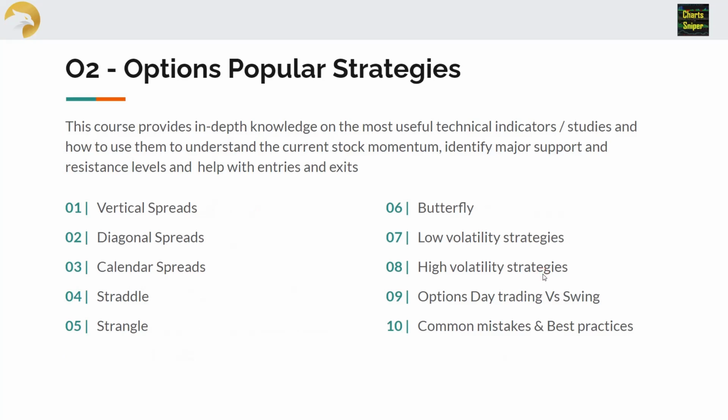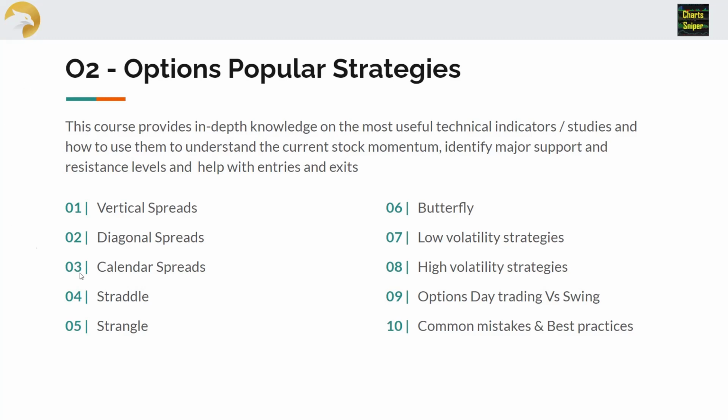In the next session, on popular option strategies, we'll see how you can combine calls and puts in different ways, in terms of both the expirations and the strike prices. Different variations of adjusting these legs, the expiration and the strike price, lead to various strategies. These are called spreads: a vertical spread, diagonal spread, calendar spread, straddle, strangle.